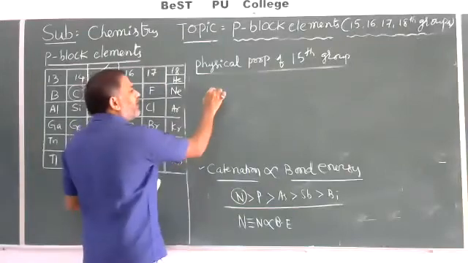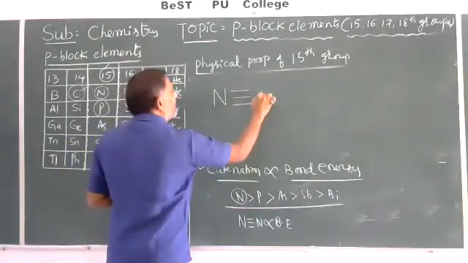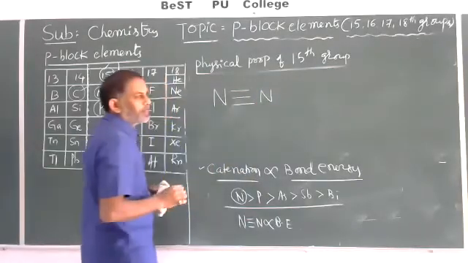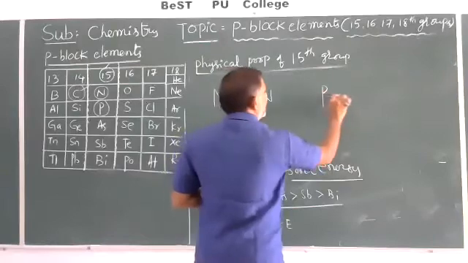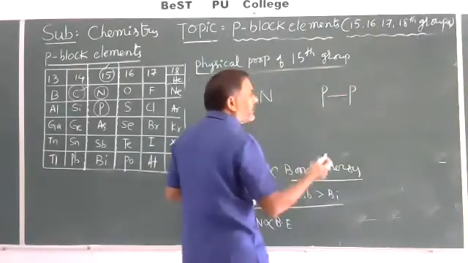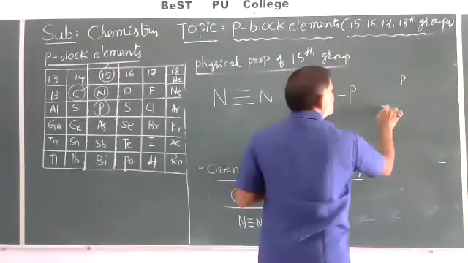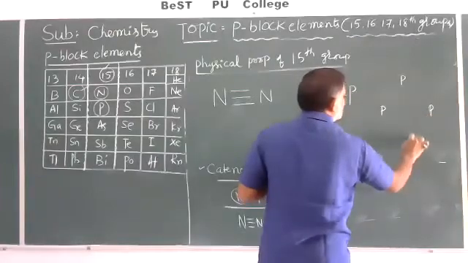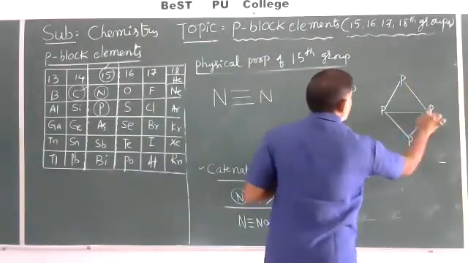Here there exists a triple bond between nitrogen and nitrogen, like this. Whereas in phosphorus, like P and P, white phosphorus is tetrahedrally bonded like this.